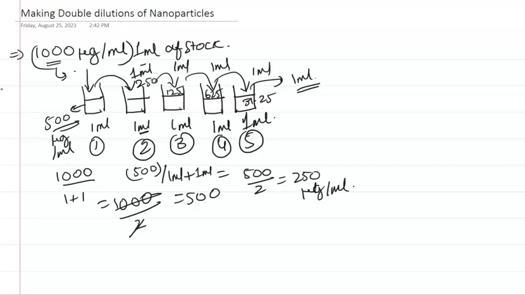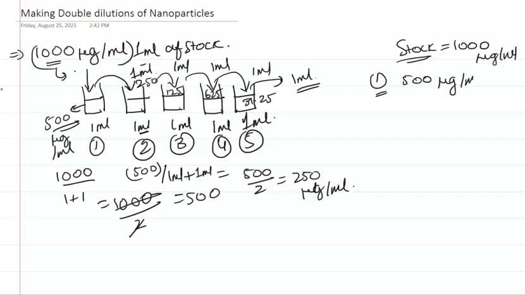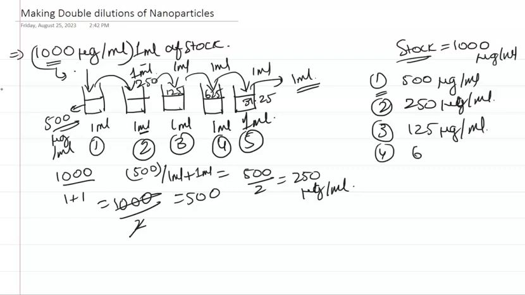Okay, so now we can see that the concentration of the stock was 1000 microgram per ml, and in first tube when we diluted it, the concentration became 500 microgram per ml, followed by second tube which was 250 microgram per ml, and in third tube we have 125 microgram per ml, fourth 62.5, fifth 31.25.